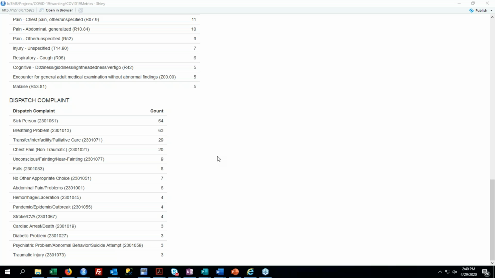Most people that you come into contact with will not have had a previous COVID test. Yes, that'll mainly be for interfacility transfers. These are ICD-10 codes that were added, right? So you'll always fill in what the patient's symptoms are, and that's a multiple value field, so you can enter multiple symptoms, right? And you can also do multiple impressions as well. So you just record what you know. Okay. Thanks for that clarification.